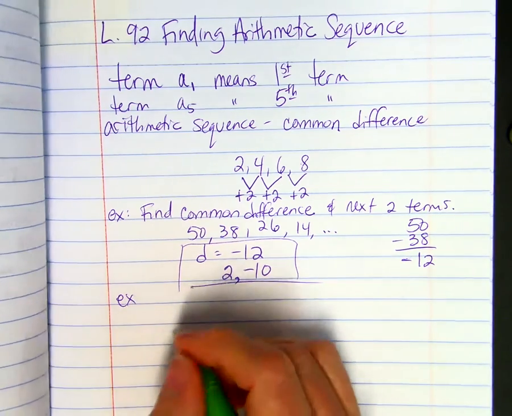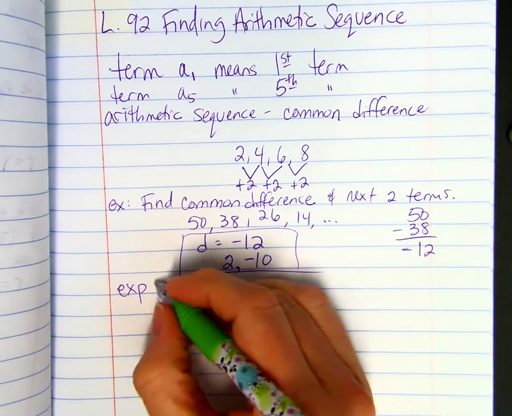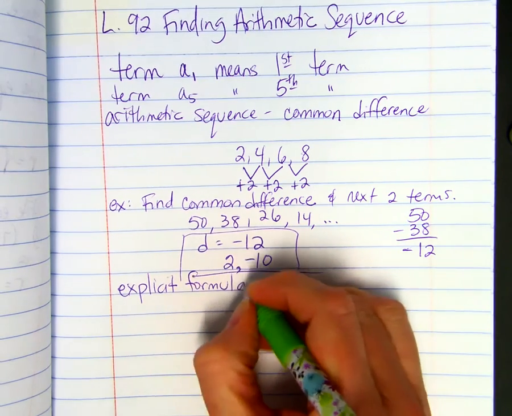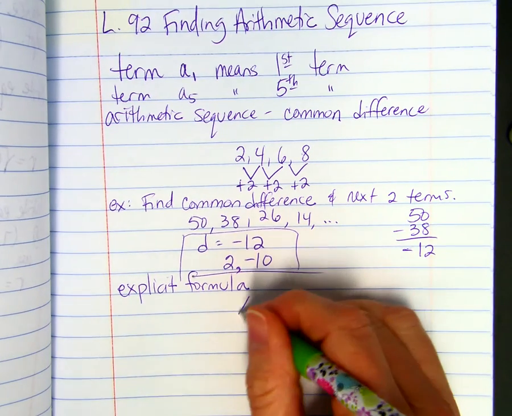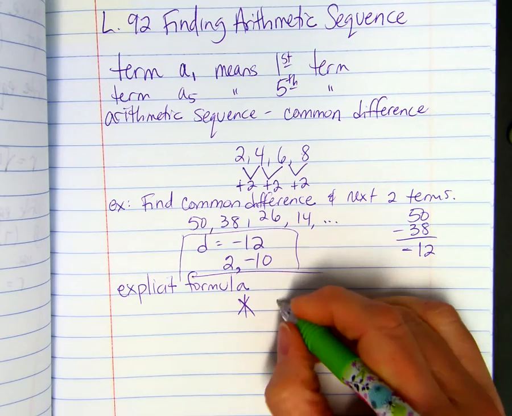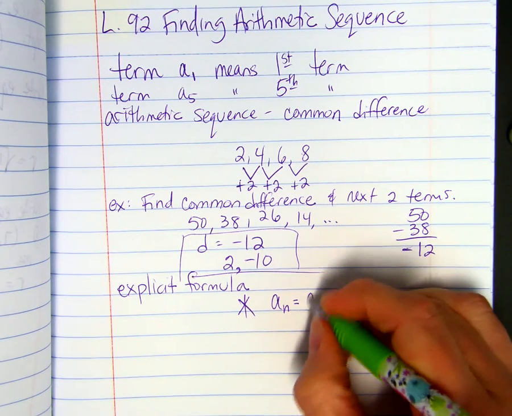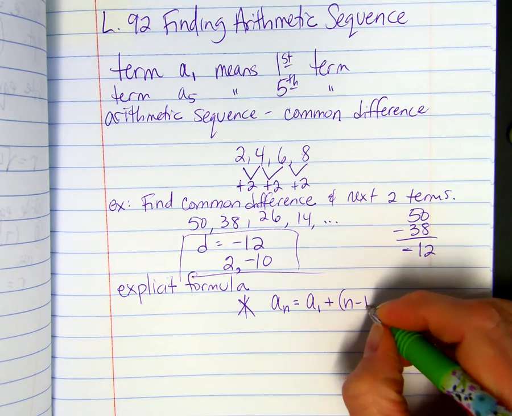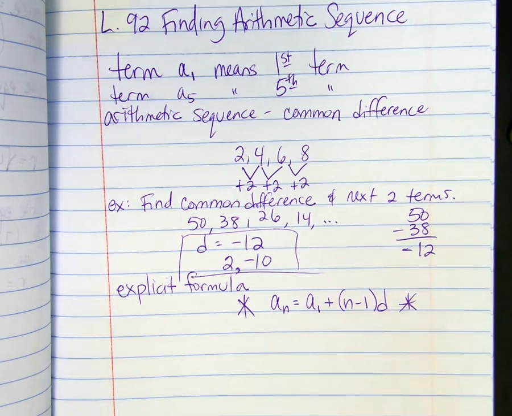When we're doing arithmetic sequences, we can have what's called an explicit formula: a sub n equals a sub 1 plus n minus 1 times d.